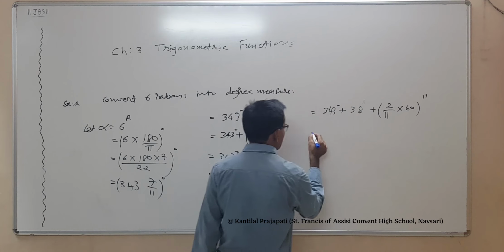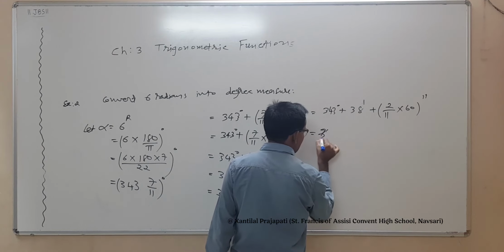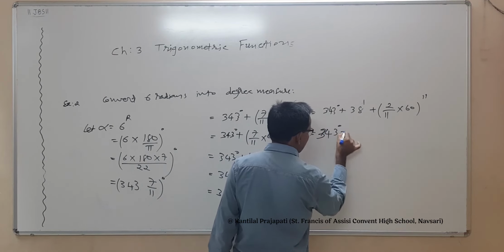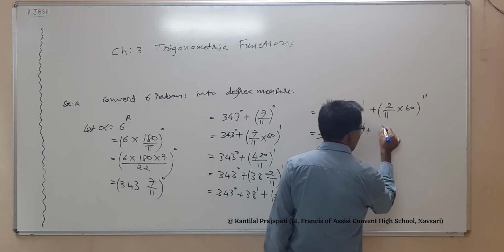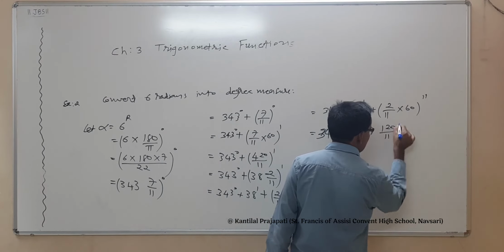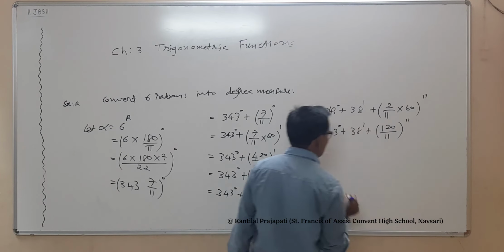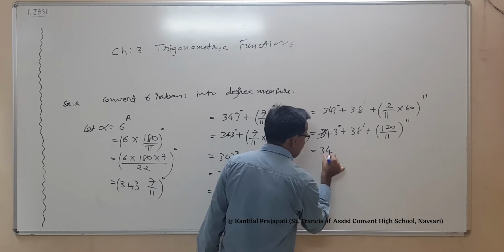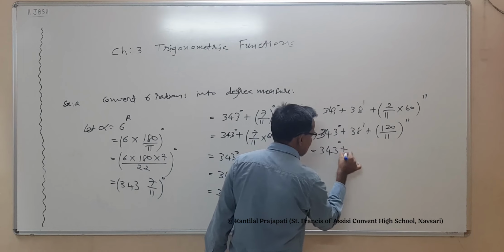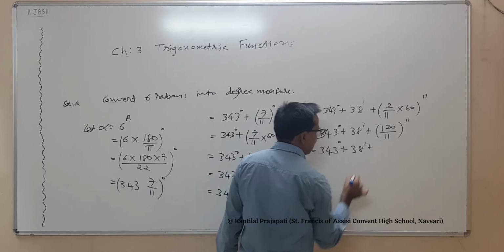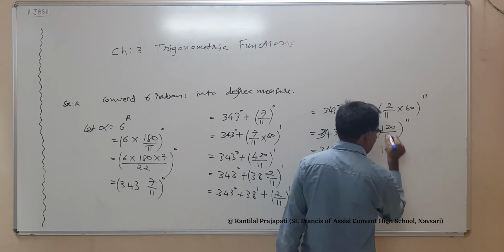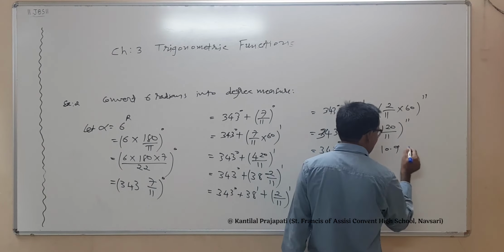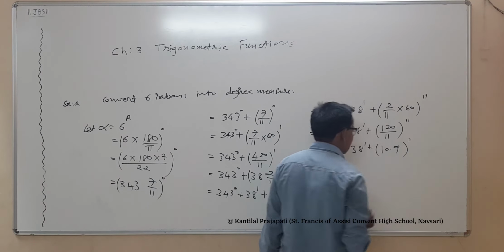So we write 343 degree plus 38 minute plus 120 by 11 second, which is 343 degree plus 38 minute plus 10.9 second.